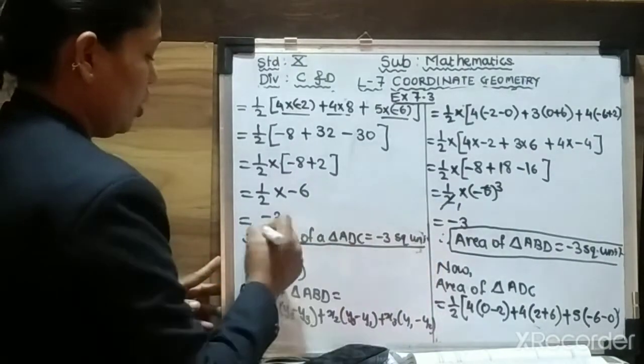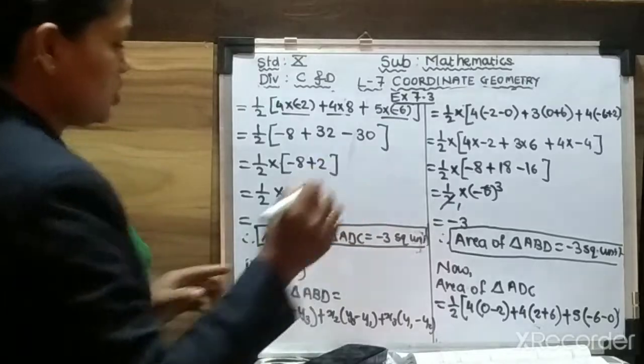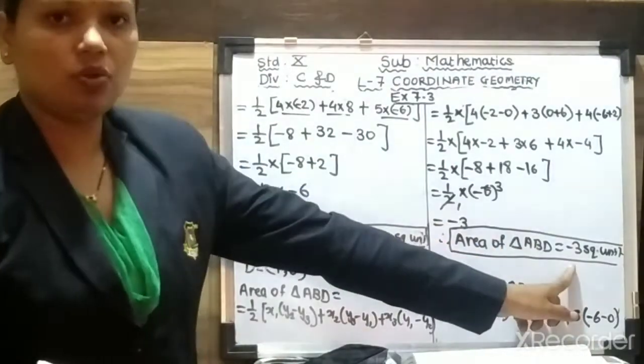So earlier also we got minus 3 square unit, right?